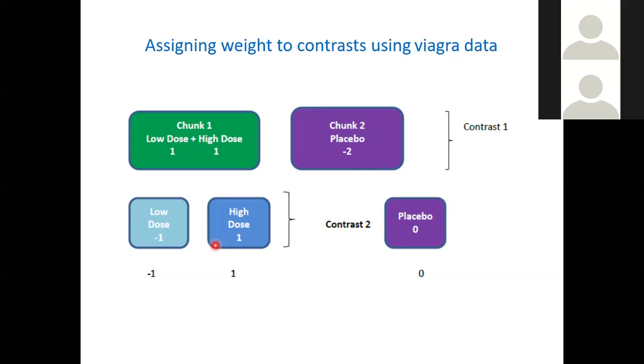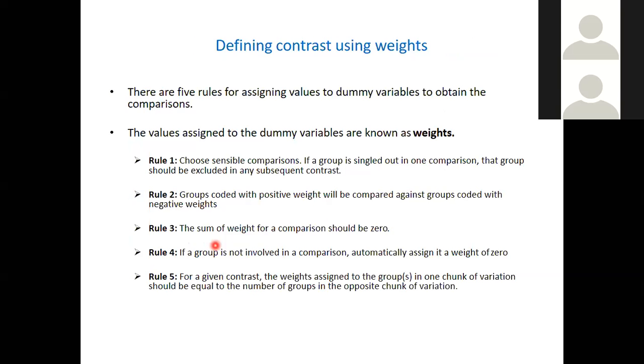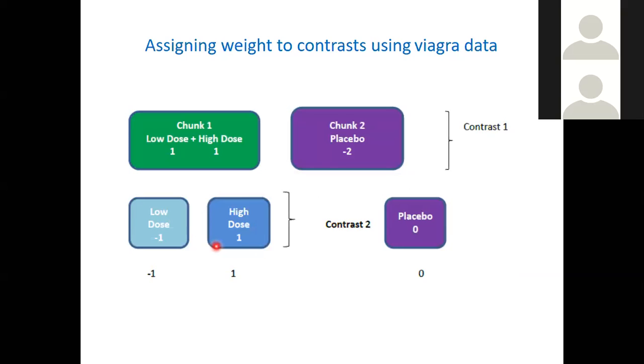Now, let's look at the rule. I will be oscillating between the two slides. When we go through the rule for assigning contrast, it may give you some better understanding.